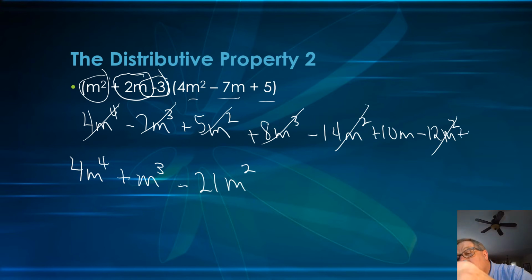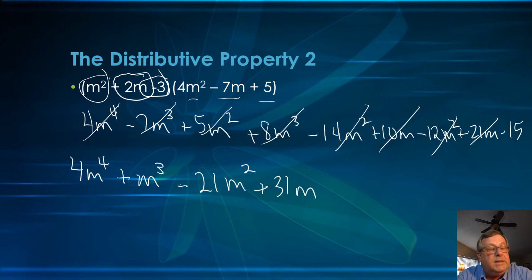I was about to make a mistake here. I had to double check myself. Let's see, 10m and 21m, that's 31m. And then lastly, I finish it off with just this last term, negative 15. So when we multiply m squared plus 2m minus 3 times 4m squared minus 7m plus 5, our product is 4m to the fourth plus m cubed minus 21m squared plus 31m minus 15.